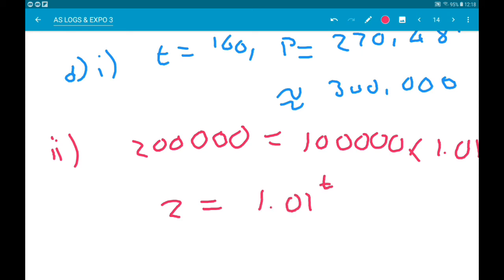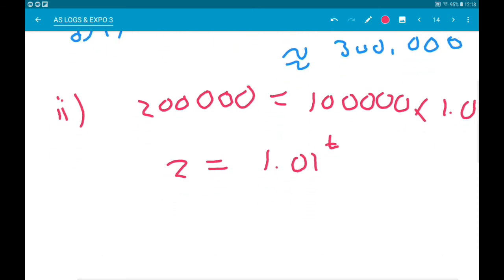Now we need to get the t down, so let's take the logs of both sides. I'm going to use natural log, so log 2 is equal to log 1.01 to the power t.